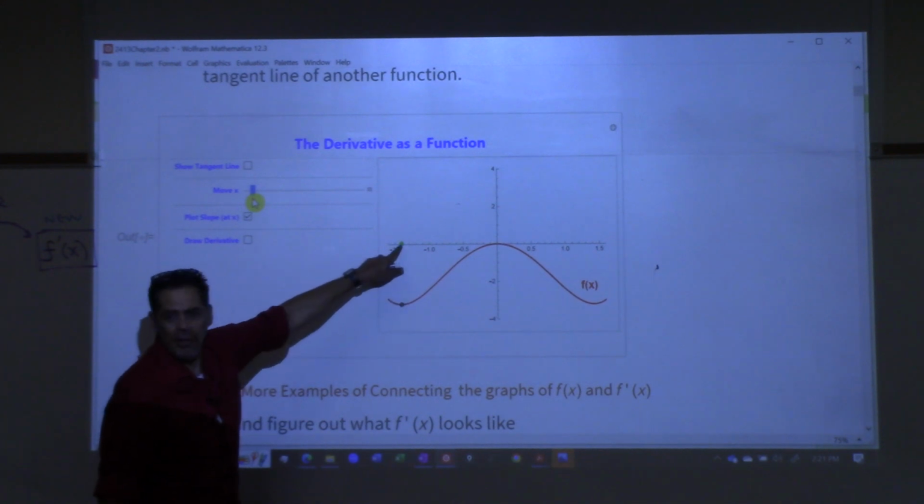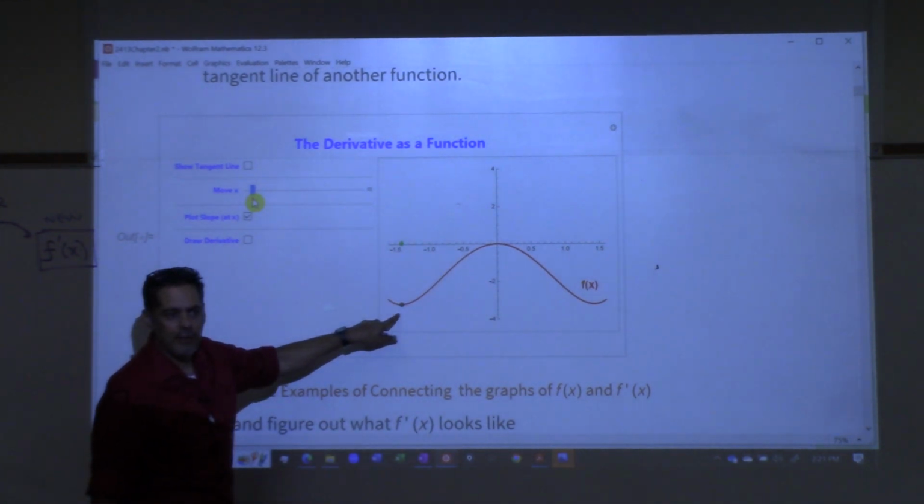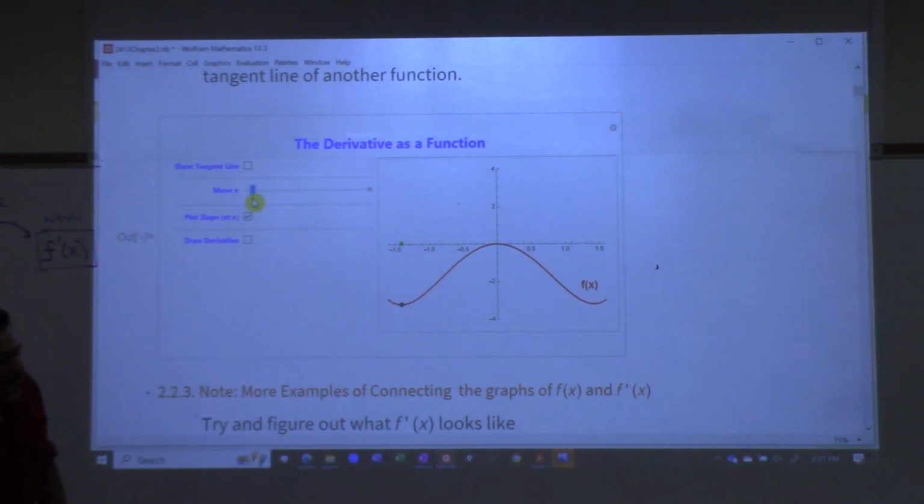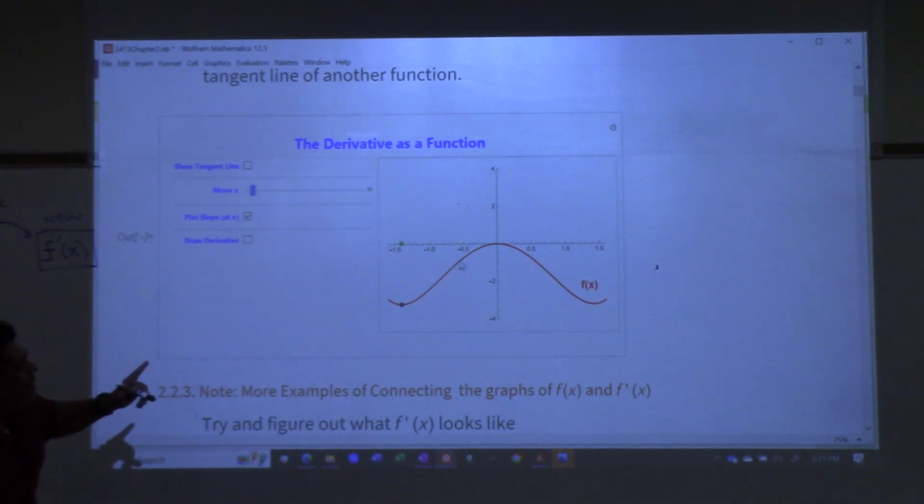So that would be the point that corresponds to the derivative there. And as I move to the right, what should happen? The derivative should become what? Positive, bigger and bigger until it gets to about right here, and then still positive, but it goes back to 0. Then it's going to be small negatives getting bigger, and then eventually it's got to get back to 0.